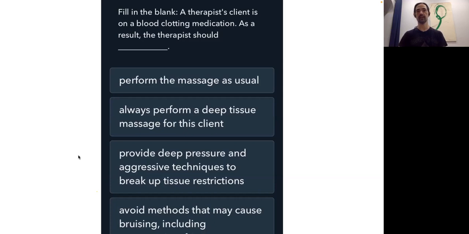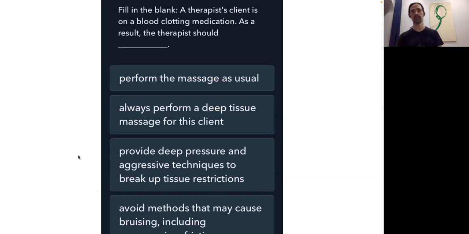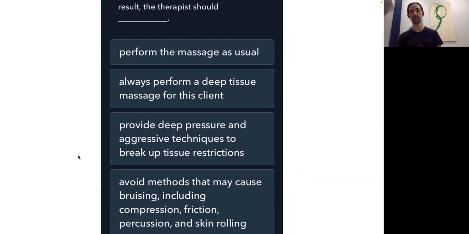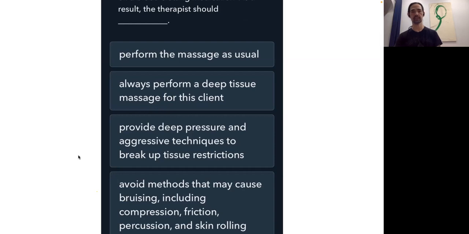Fill in the blank. A therapist's client is on a blood clotting medication. As a result, the therapist should what? Perform the massage as usual. Always perform a deep tissue massage for this client. Provide deep pressure and aggressive techniques to break up tissue restrictions. Avoid methods that may cause bruising, including compression, friction, percussion, and skin rolling.